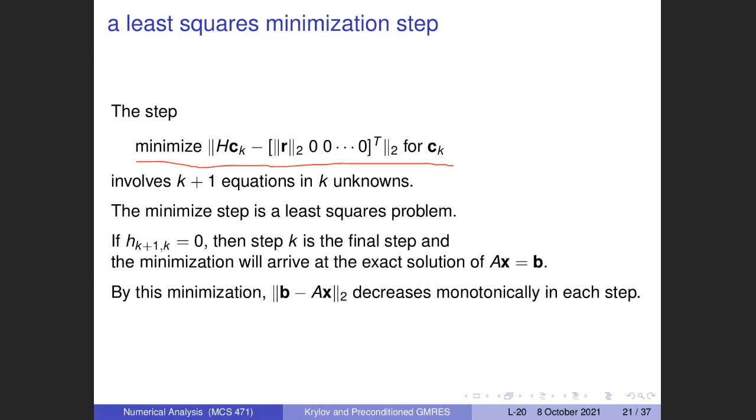There is a stopping criterion. When the last element in the last row and last column of the Hessenberg matrix is 0 or very close to 0, that is an indication that we have actually reached the exact solution of the least square problem.